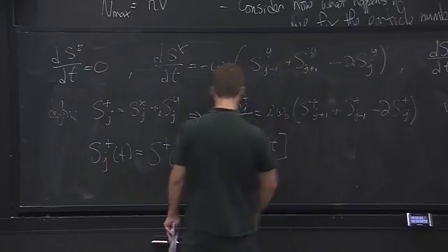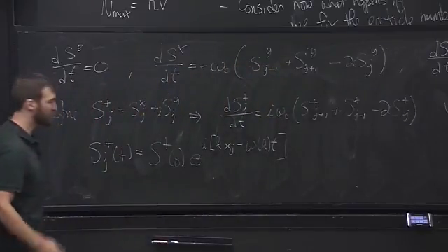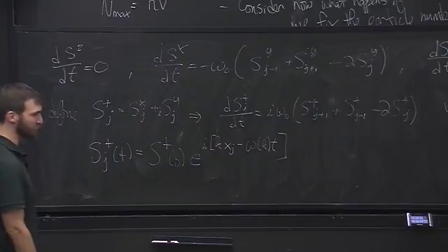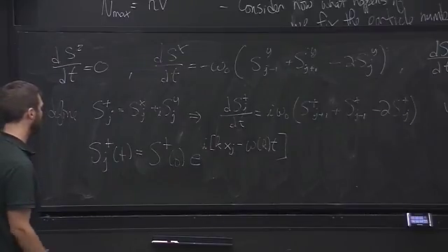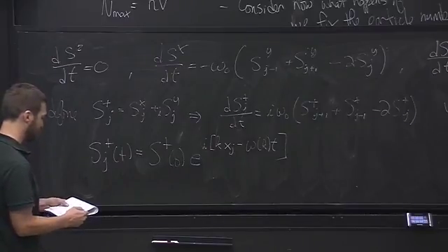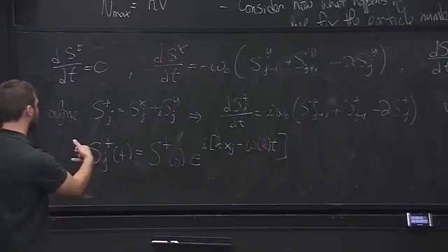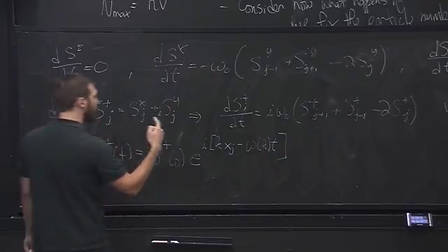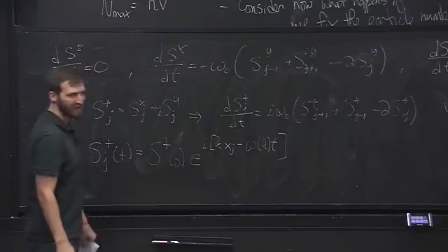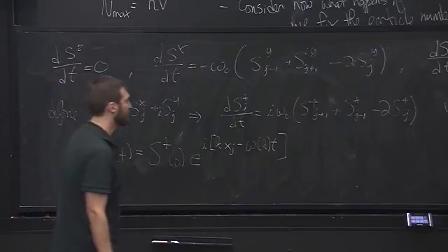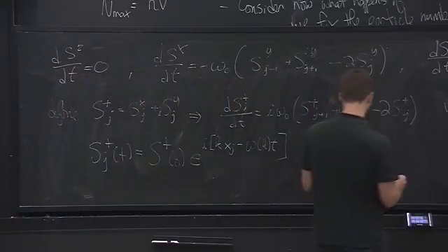Okay, that's the same thing I did. I think I was calling him u's before. And then I just insert that solution into the equation of motion, and I'll get a set of equations that are decoupled in k-space.